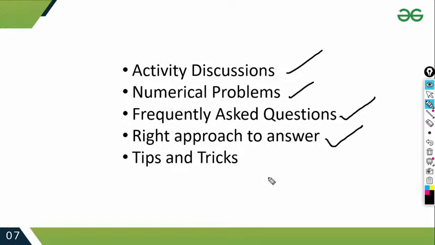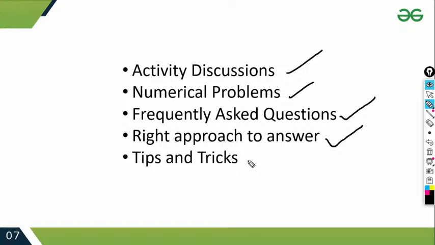So we are going to see what is the right approach to answer, and at last we are also going to have many tips and tricks. Along with the upcoming videos, while we'll be solving some questions, or regarding specific topics, we have many tips and tricks.